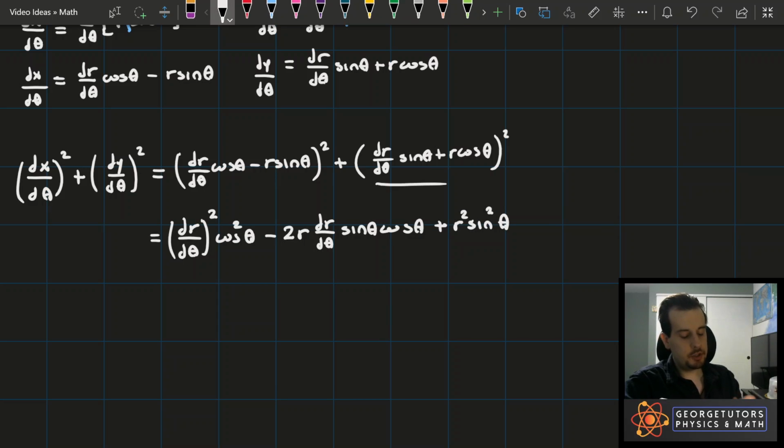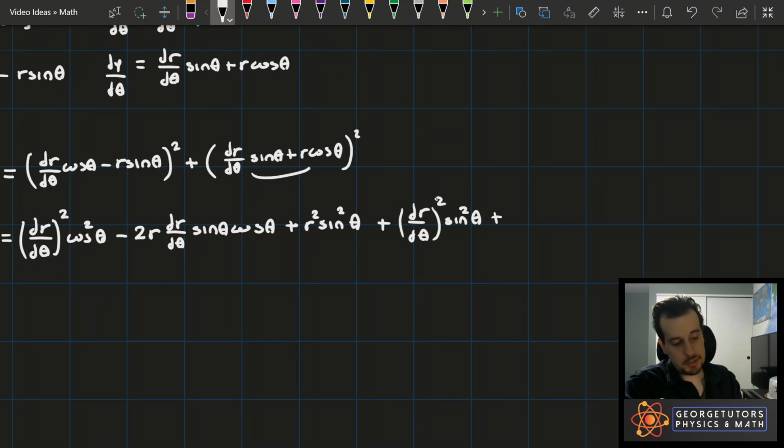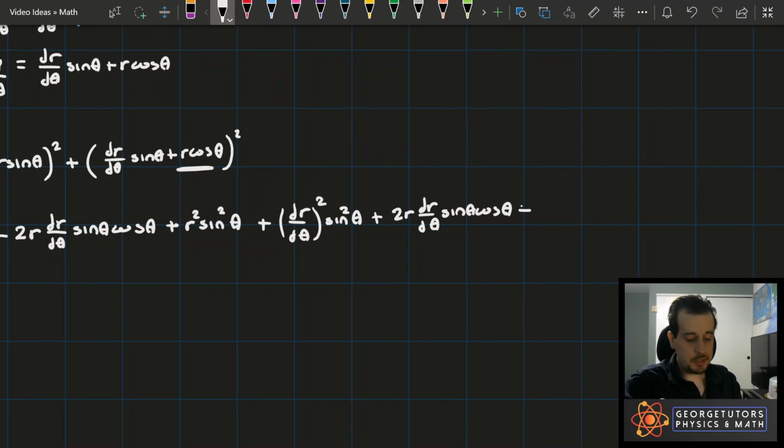And then we go over here and start unfoiling. So we've got plus dr d theta all squared sine squared theta. And then the intermediate cross terms here give you a plus 2r dr d theta sine theta cos theta. And then the last term here, as you can see, gives us here a plus r squared cos squared theta when it multiplies by itself.